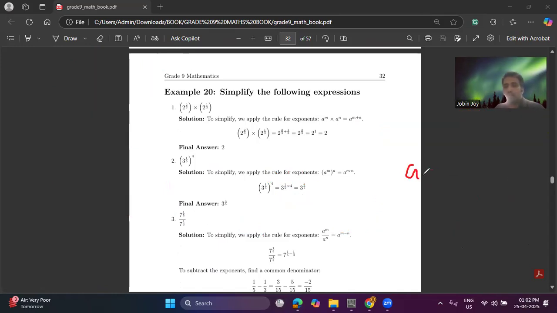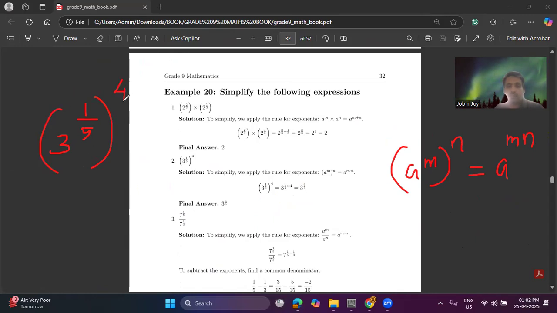Next law of exponent is a raised to m, the whole raised to n, is equal to a raised to mn. So the question is 3 raised to 1 by 5, the whole raised to 4. This 3 is a, this 1 by 5 is m, and this 4 is n.